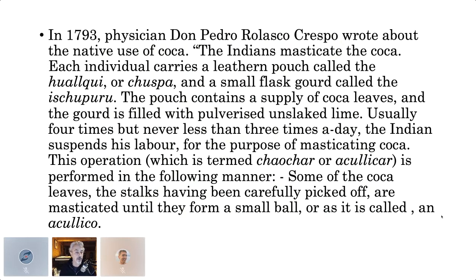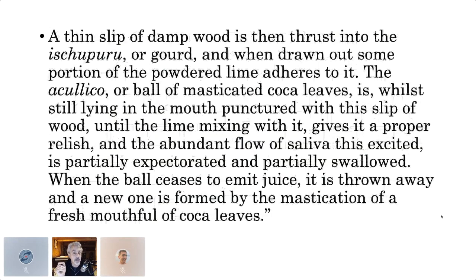This particular operation is termed chauchar or akulikar. Some of the coca leaves are masticated until they form a small ball in the mouth, or as it is called, an akuliko. A thin slip of damp wood is then thrust into the ishupuru, or the gourd, which contains the lime. When drawn out, some portion of that powdered lime adheres to it.